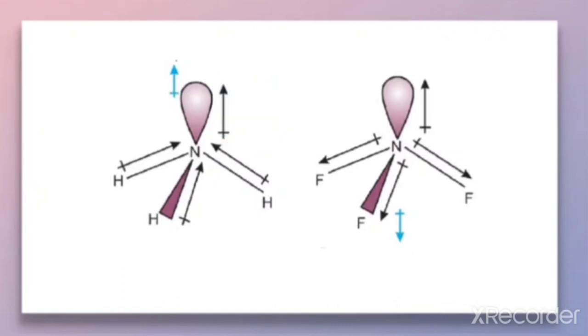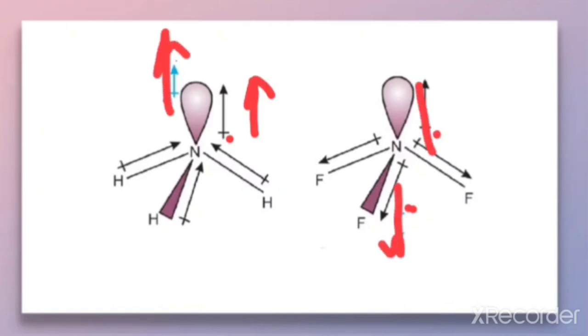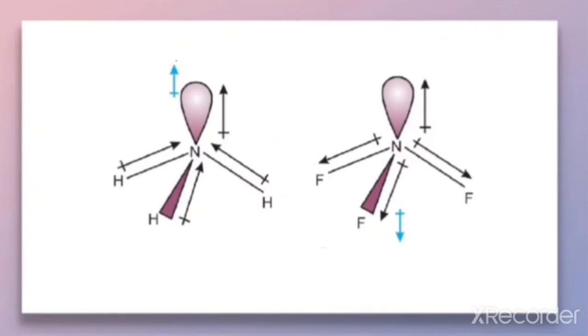Look at here, in NF3 this and this are in the opposite direction, that is the orbital dipole and resultant dipole are in the opposite direction. Here the orbital dipole and resultant dipole both are in the same direction like this, and here both are in the opposite direction. So definitely the net effect will be lesser.